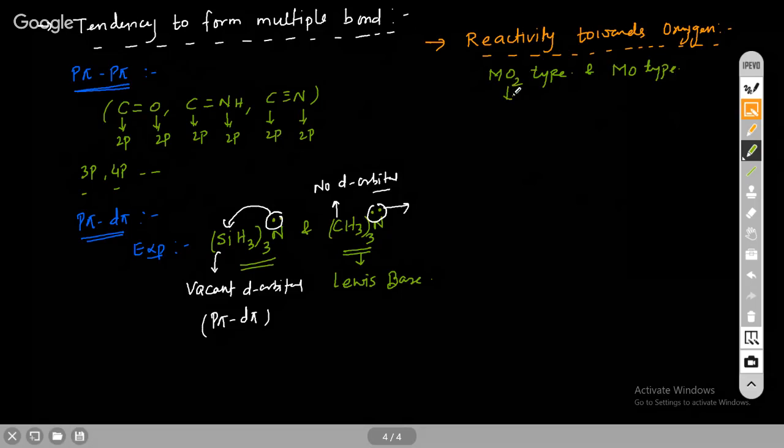As you can see, this is dioxide and this is monoxide.